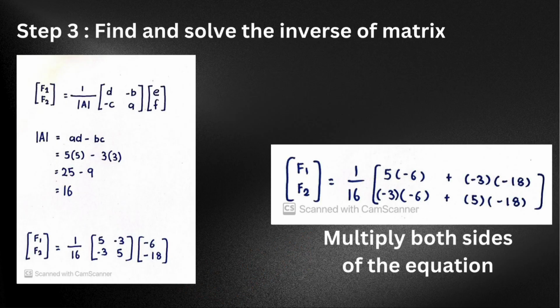Multiply both sides of the equation. The bracket F1 and F2 equals 1 over 16, the bracket 5 times negative 6 plus negative 3 times negative 18, negative 3 times negative 6 plus 5 times negative 18.